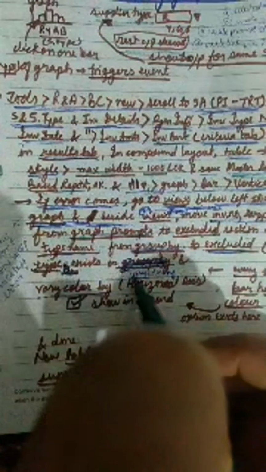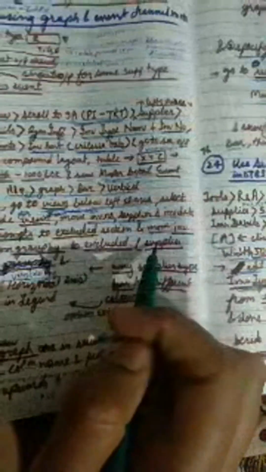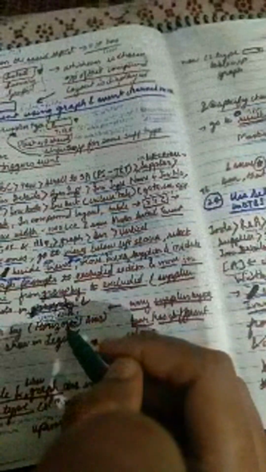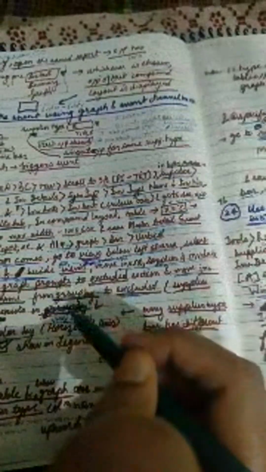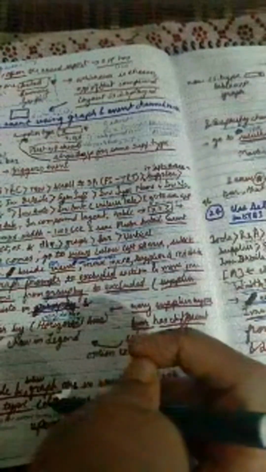Now as I said, in vary color by, this value exists, supplier type exists. So if you have, say, one supplier type in vary color by, you can take multiple also. So two colors for the supplier type, each supplier type would come in a different color.